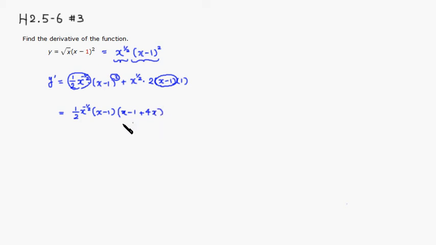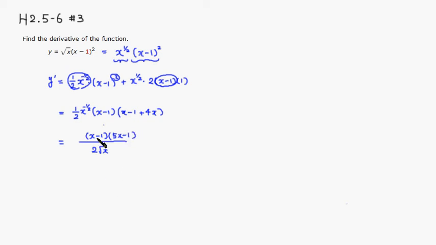Then simplify that. x to the negative 1/2 power is actually 1 over square root of x, so on the bottom you would have 2 square root of x, then you have x minus 1, and this is going to be 5x minus 1.